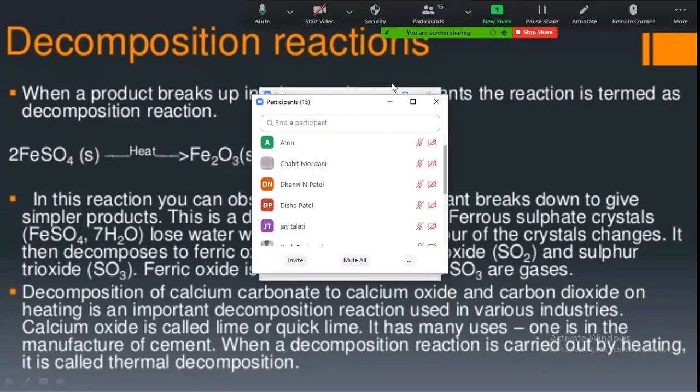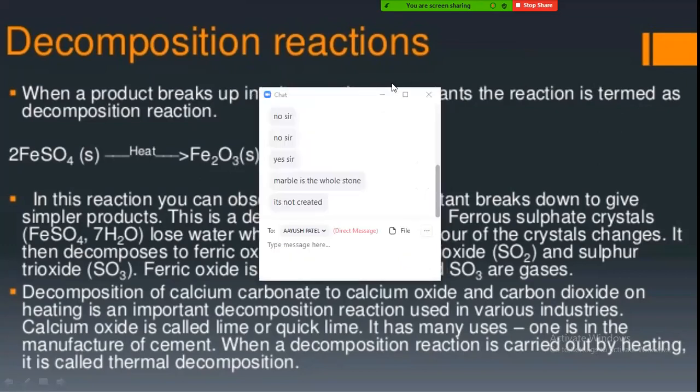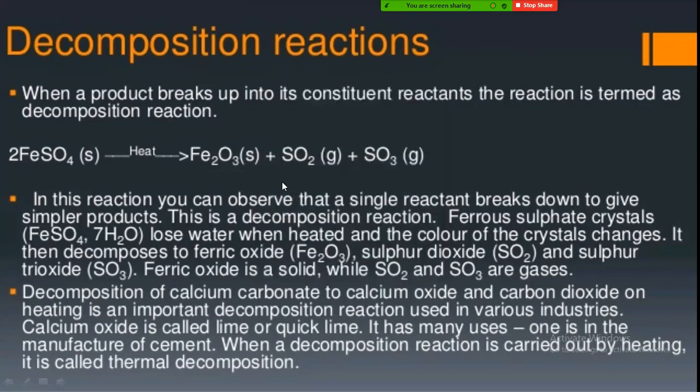Sir, iron sulfate. Ferrous sulfate, it's not iron sulfate. When we talk about the chemical substance, we say it is ferrous, not iron. Iron is a common name. Ferrous is the chemical name. So ferrous sulfate gives you what? Fe2O3 is what? Ferrous oxide.